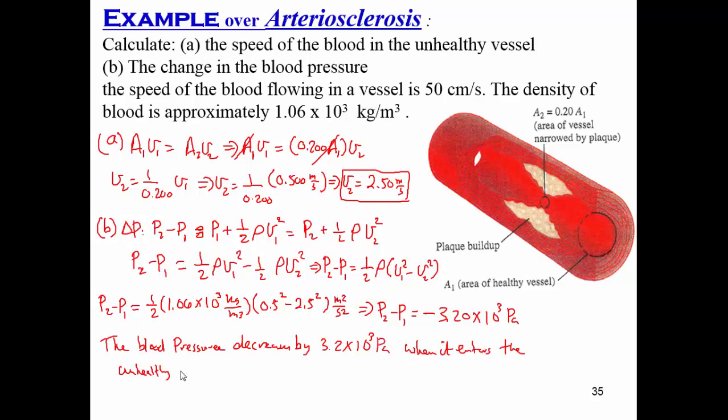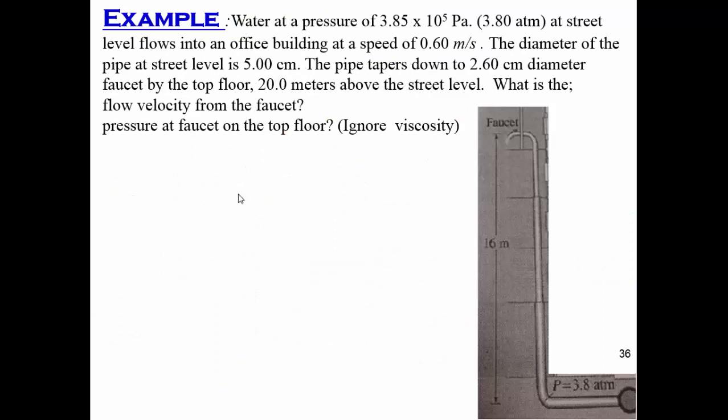Okay, in this last problem, we have a building where the water will be elevated to reach a certain faucet in the building. So we have here the factor of the change in the height. Now we are given the pressure in the first region, or the first section of the pipe, which is at the street.